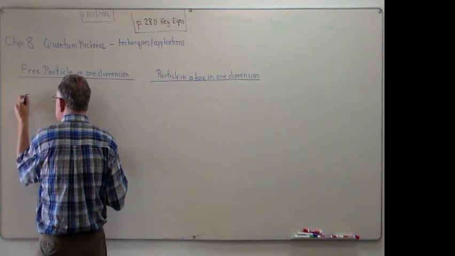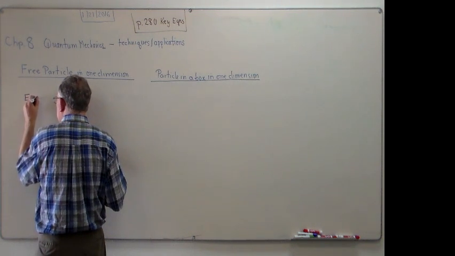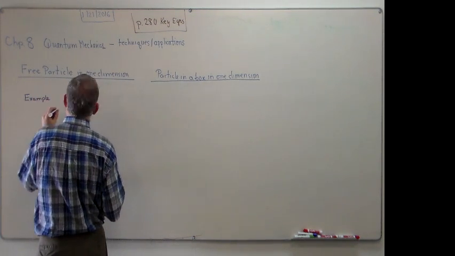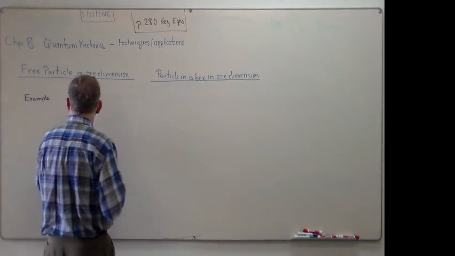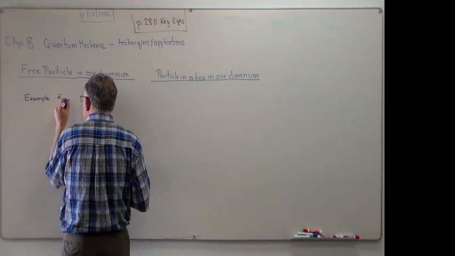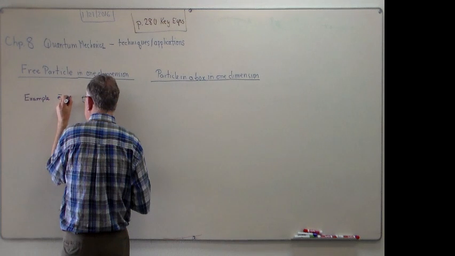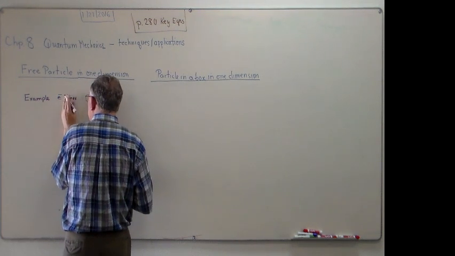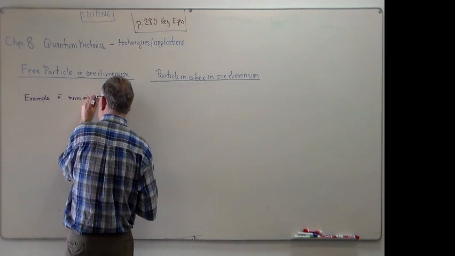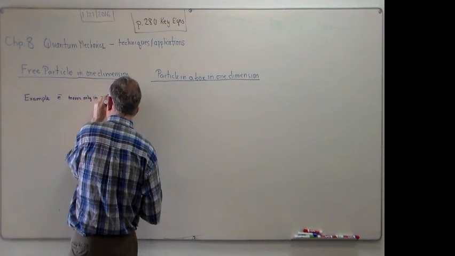So a specific example of a free particle in one dimension would be an electron that moves only in the x direction.